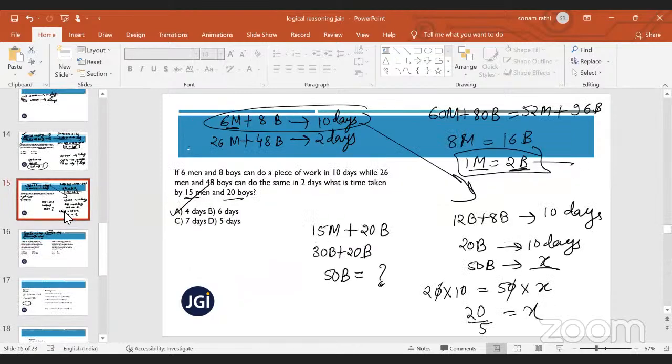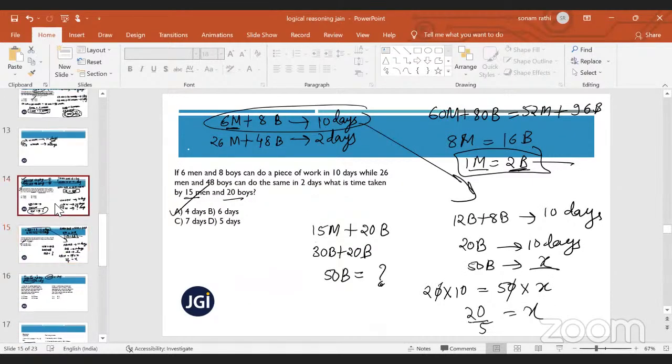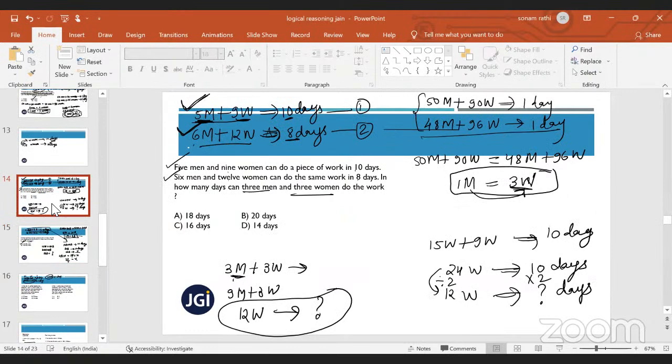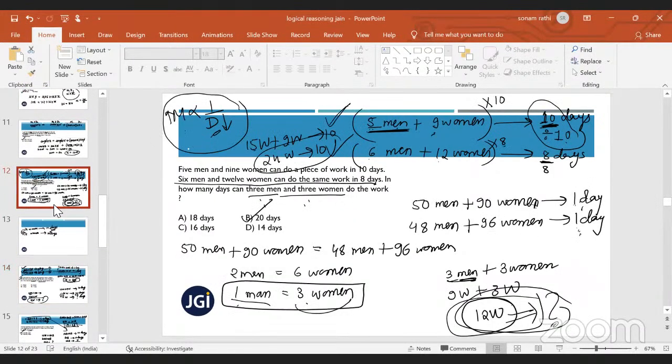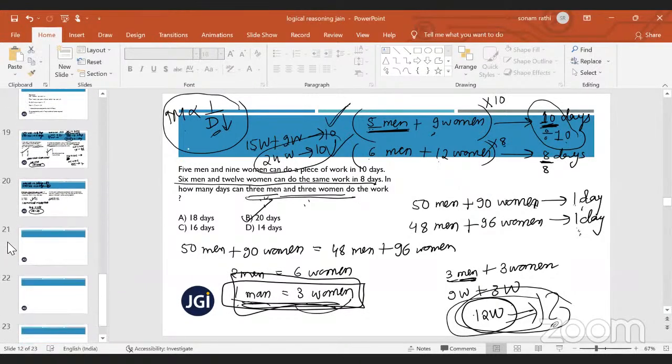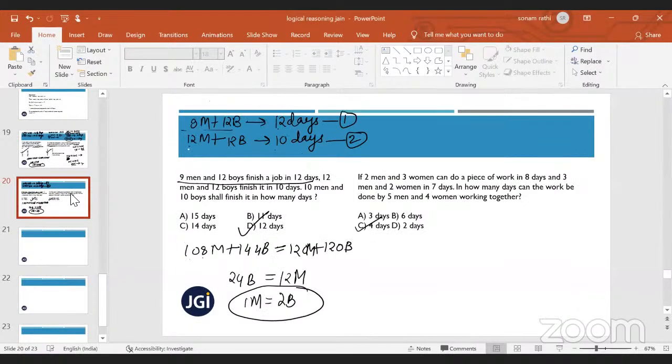Use these questions as a reference. You know what to do after this. Once you get this comparison, you work on the last statement and then check with the first statement. We have done 7-8 questions like this.